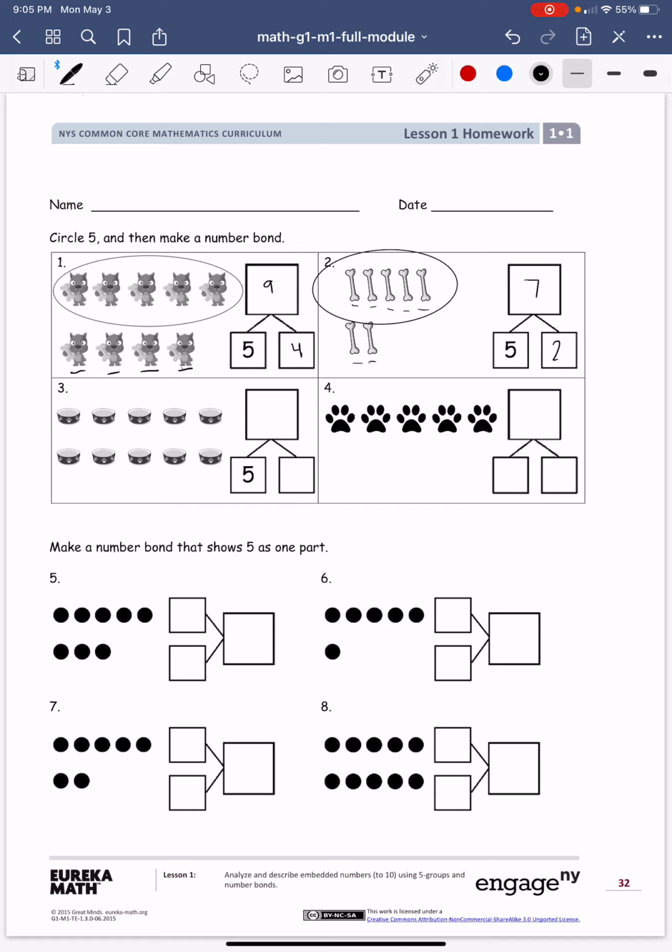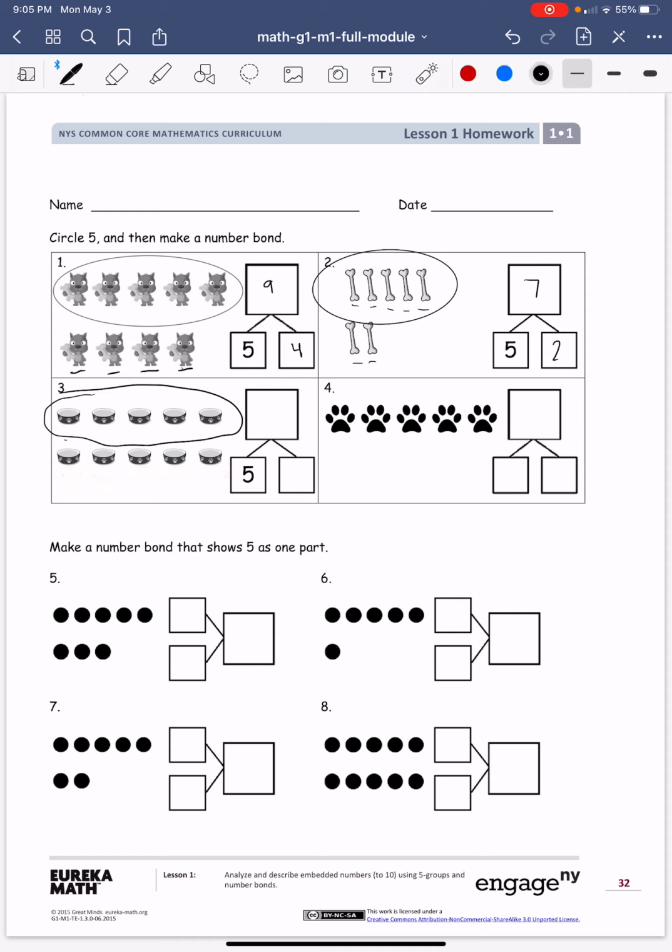Okay, now I'm going to explain how we could do it. I'm going to go ahead and take my pen, and I'm going to count. 1, 2, 3, 4, 5. So we're going to circle this. And let's count the next one. 1, 2, 3, 4, 5.